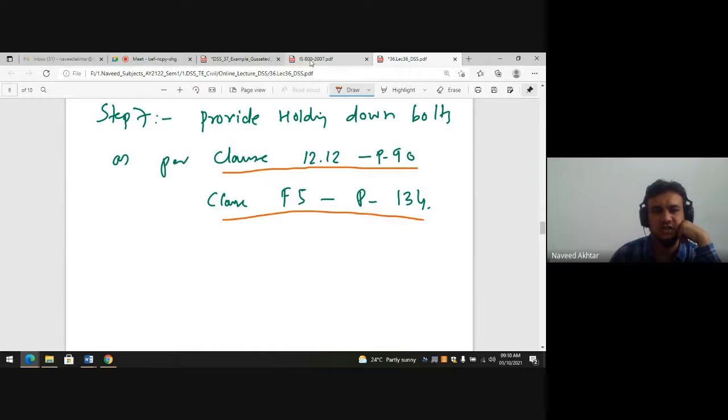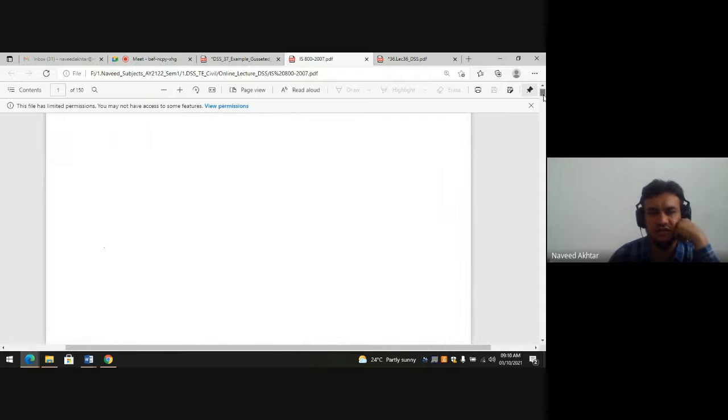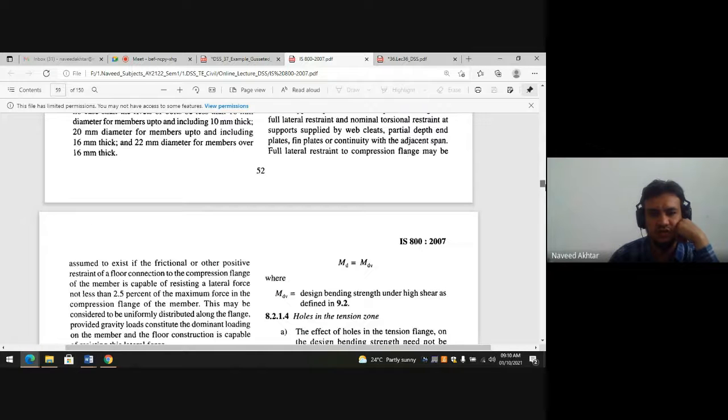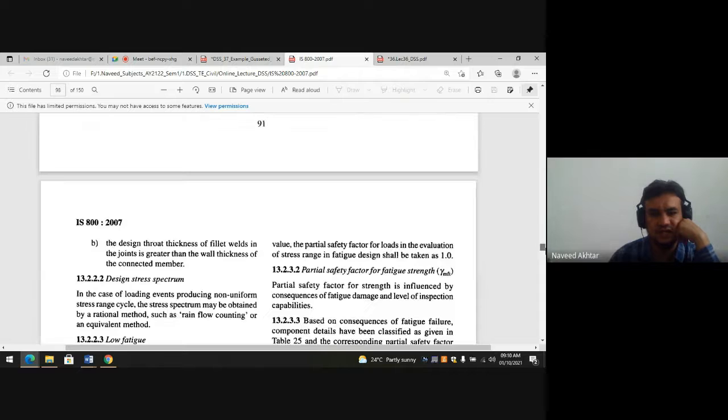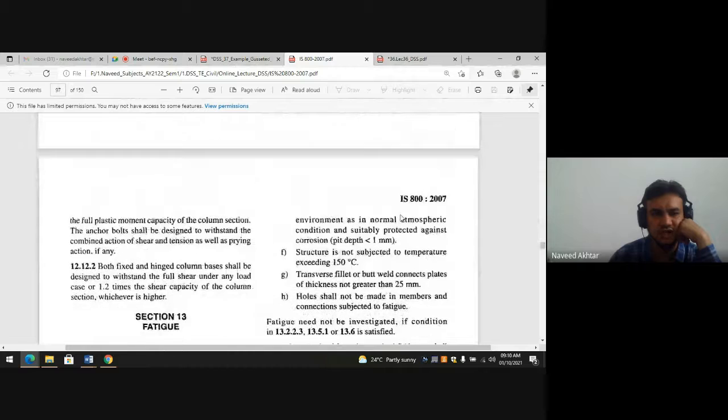So you will see the clause, page number 19, that is clause 12.2. It is given on page number 19. We'll go to page number 90, and you can see that here the clause is given for design of holding down bolt.